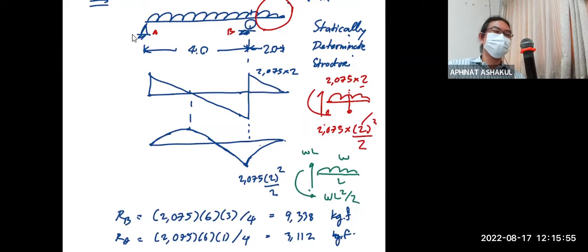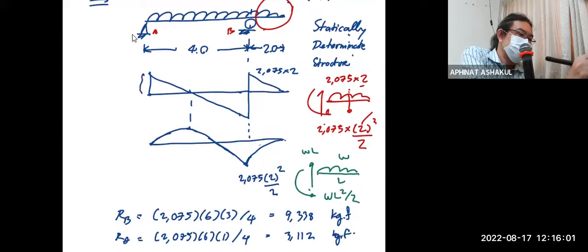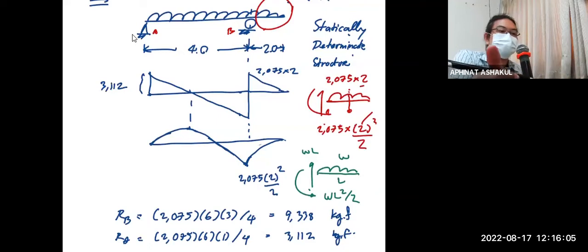Anyway, so we now know that's 3112, and this is 9338, right? The height is the reaction, not the shear.